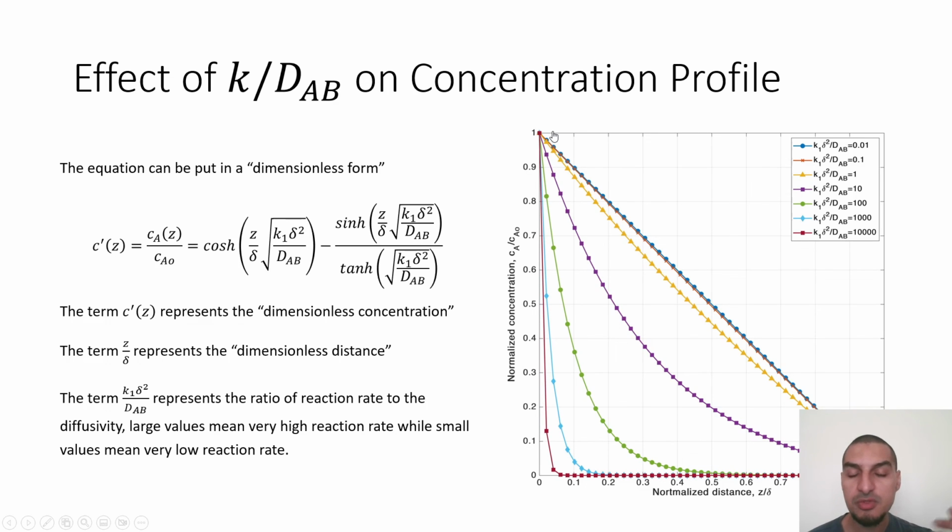It is almost pure equimolar counter diffusion, which has a concentration profile of a straight line. This is what we saw before. It's a linear profile in the case of equimolar counter diffusion. So this makes a lot of sense, that the system now is almost 100% molecular diffusion with no reaction, and that's why what dominates now is the profile of the equimolar counter diffusion, and this is what we see here.